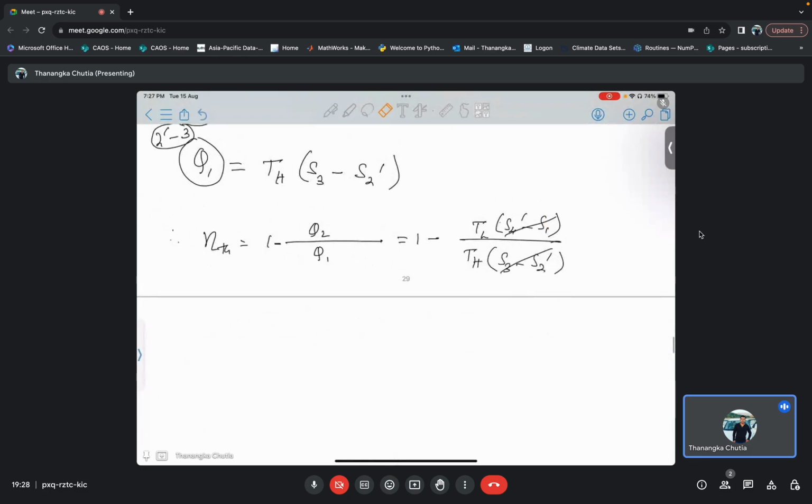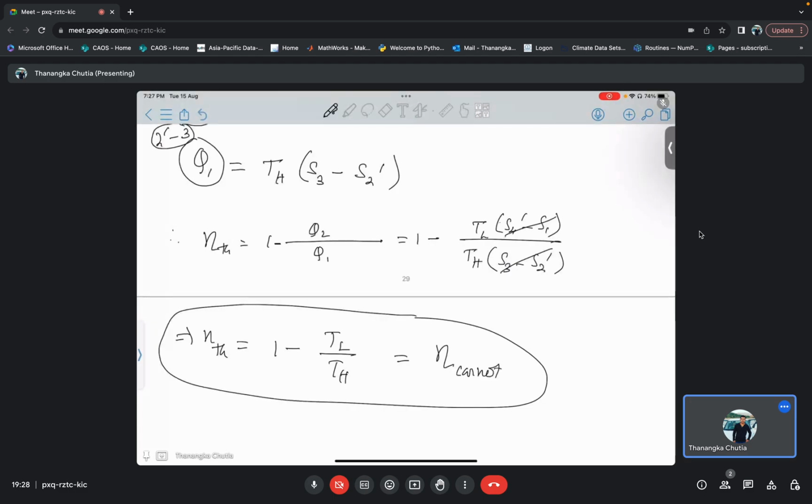So finally what we get is that eta thermal is equal to 1 minus TL by TH, and this is the same as if you run any Carnot cycle between these two temperature reservoirs, high and low.